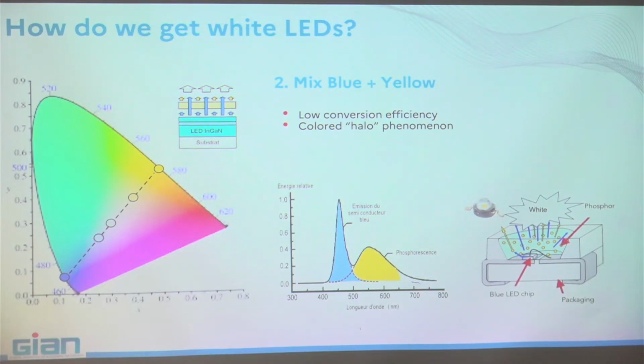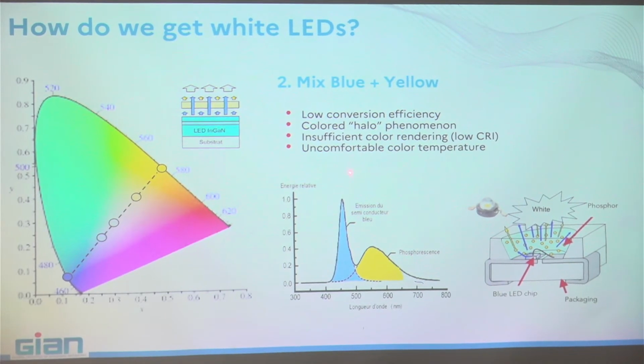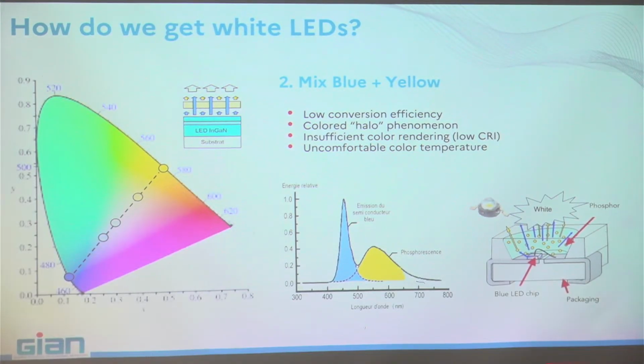And this needs a lot of technology development. Same thing, initially only two colors, very bad color rendering index. Today this problem also has been corrected by adding additional materials here that can add some green, some red, and you can correct the color. And also initially the color temperature was rather high.